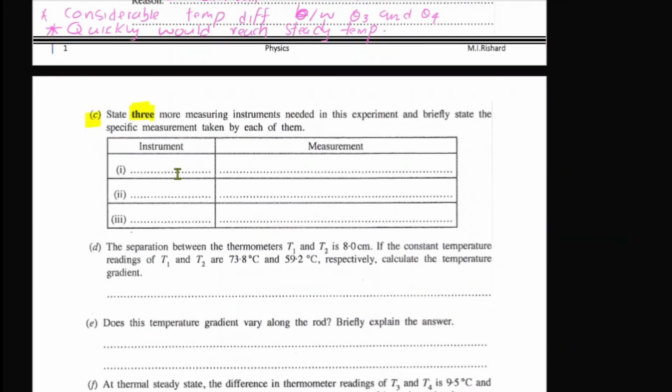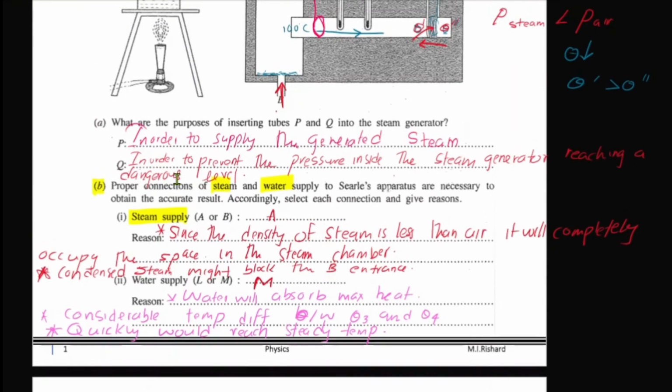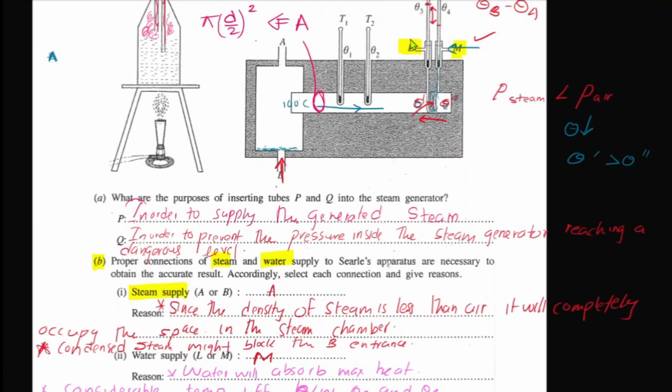We need a vernier caliper. What is the measurement? The cross-sectional area of the rod. All right. So what is another equipment that we might need?